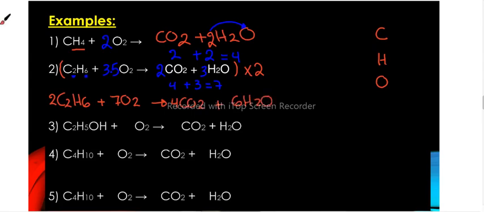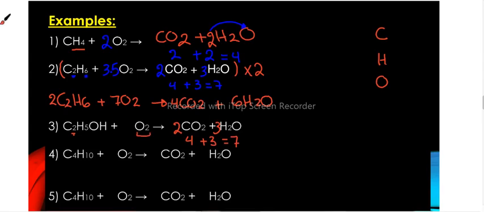Now let's take the C2H5OH. I have 2 carbons, I have 1, so multiply by 2. I have the hydrogens, take the total, it's a 6, so I will multiply by 3. Now, 2 times 2, it's a 4, plus a 3, so it's a 7. The difference between 3 and 2 is the number of oxygens present as reactant.